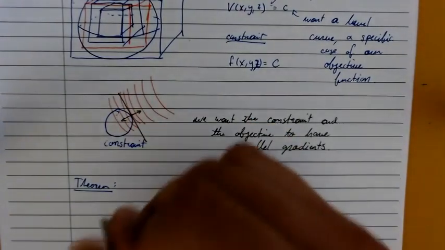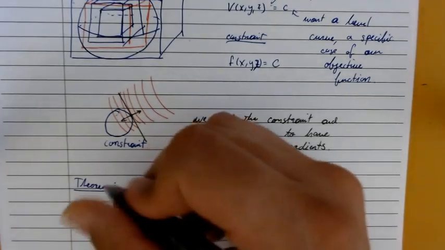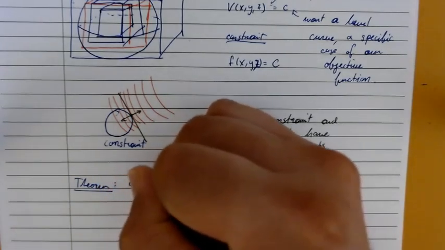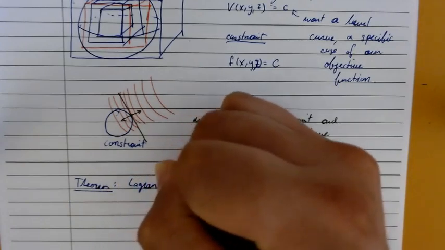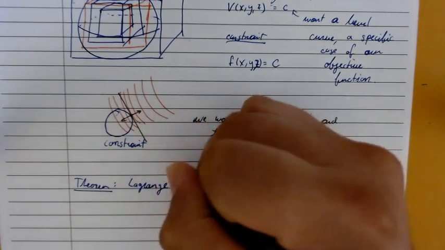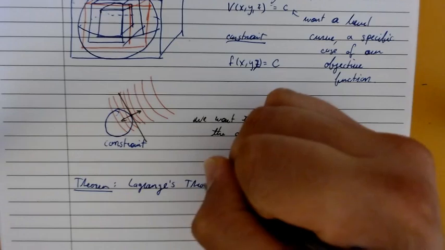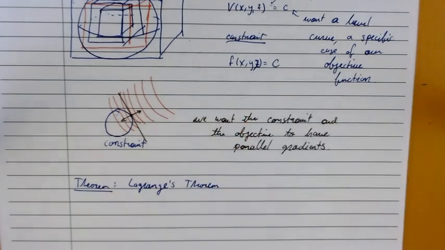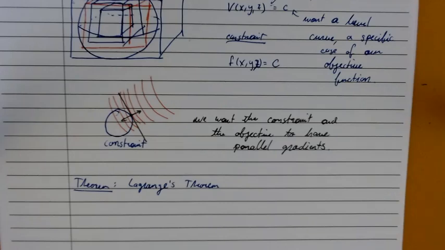And this is one of those theorems that has a name attached. This is Lagrange's theorem, named after the French mathematician Joseph Louis Lagrange. For any of my students that speak French, my apologies for totally butchering that name, I'm sure.